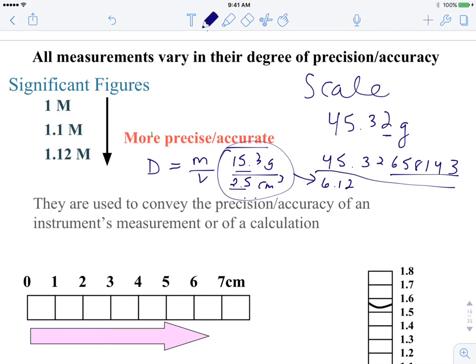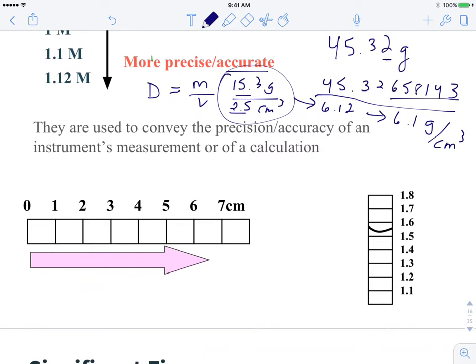So I need to round this to 6.1 grams per centimeter cubed, and doing that will allow me to round it correctly based on the measurements that I took. We can see that here. We're just looking at a simple number. Right here, I go from 0 to 6 point something.